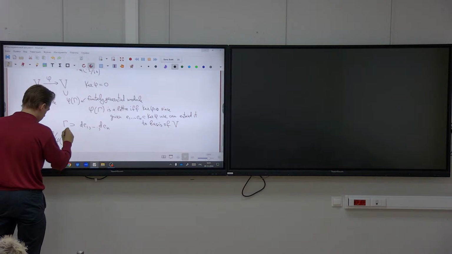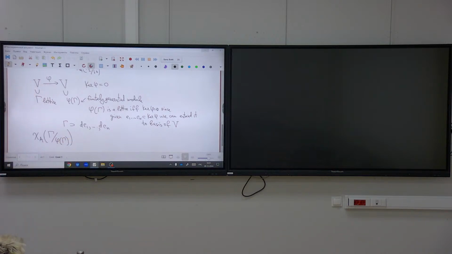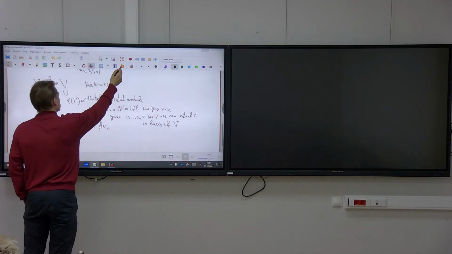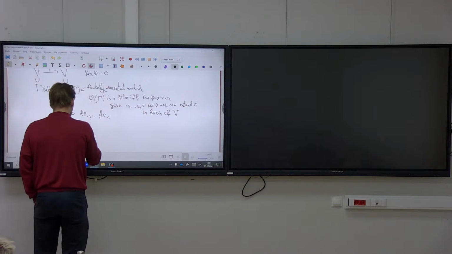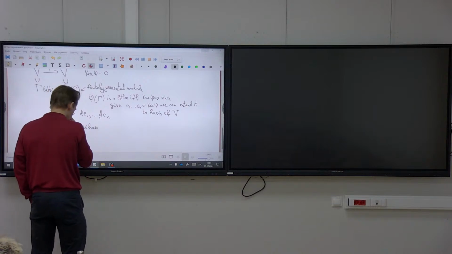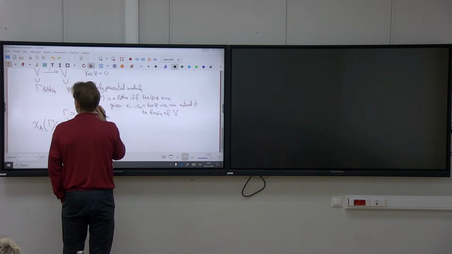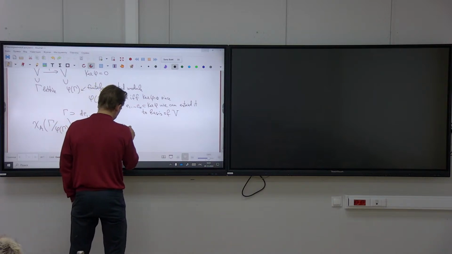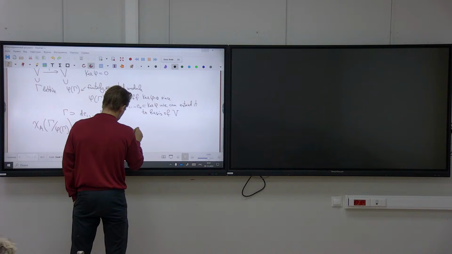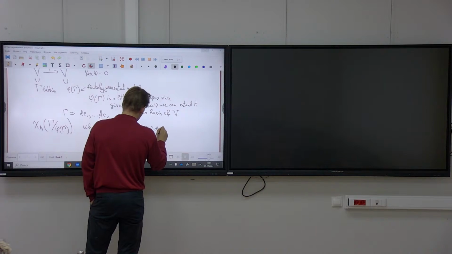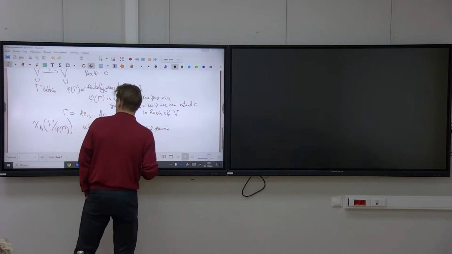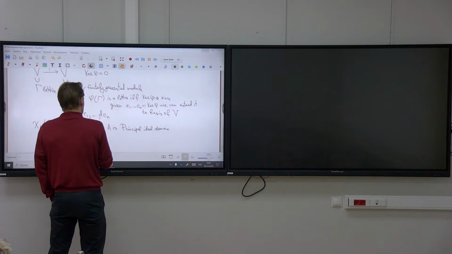So you can calculate this thing, and when A is a unique factorization principal ideal domain, we can do the following.